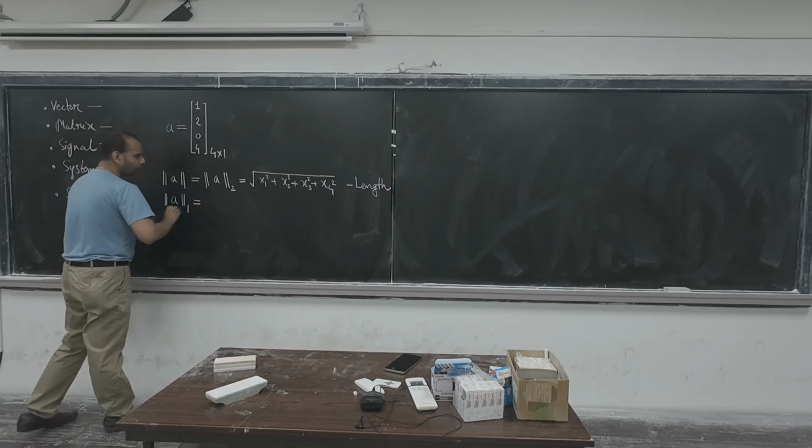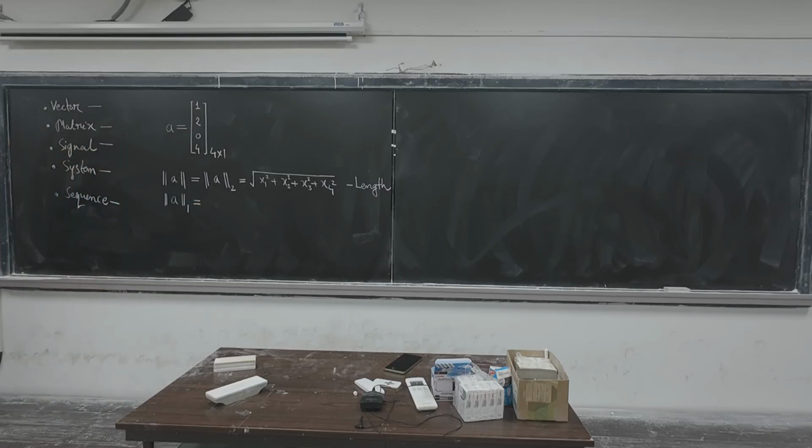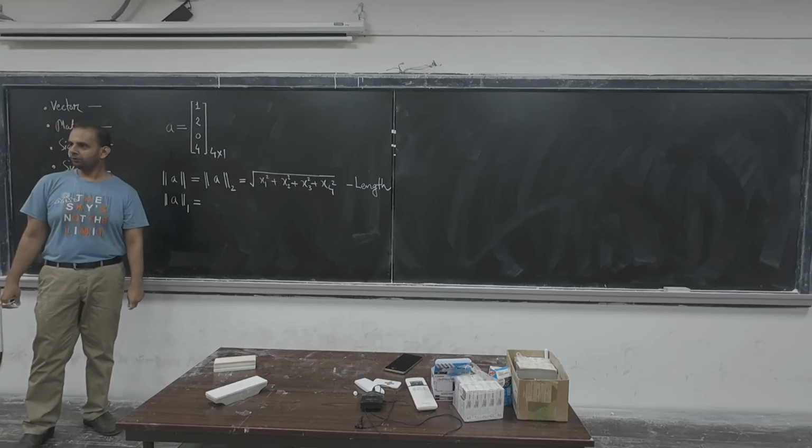If it is the 1 norm, then it is the sum of the absolute values. That is the 1 norm.